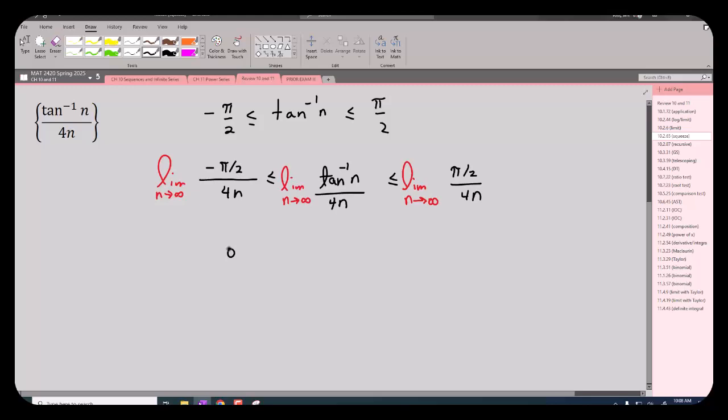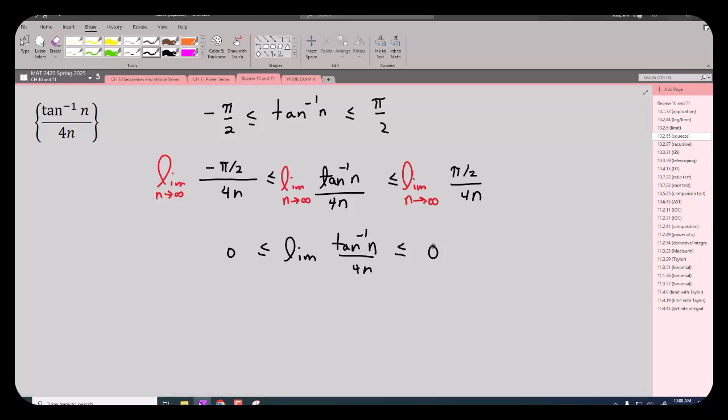Those are the traditional limits, the basic limit: tops constant, bottoms go to infinity, fractions go to 0. And so now we have that the limit of arctan n over 4n is sandwiched between 0 and 0, therefore the limit is 0.